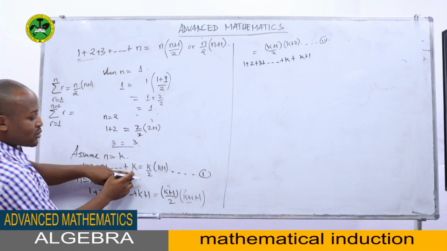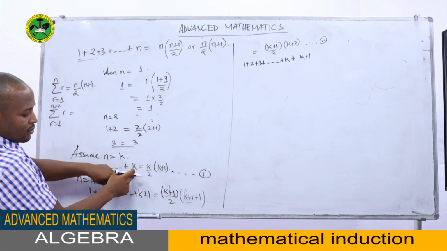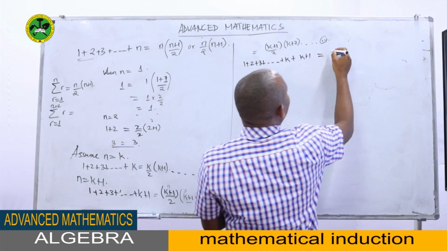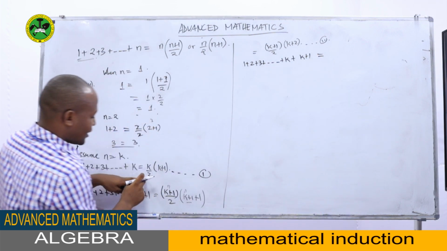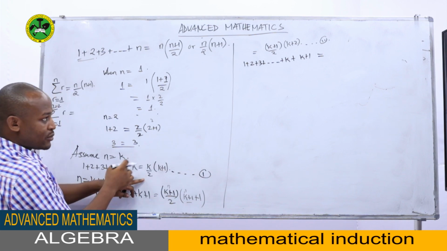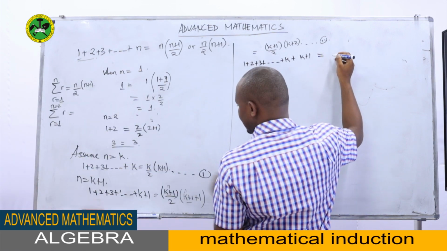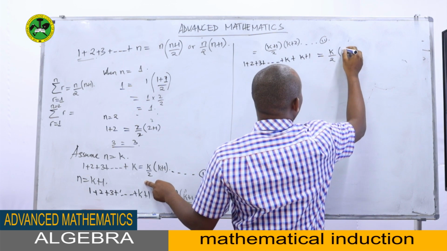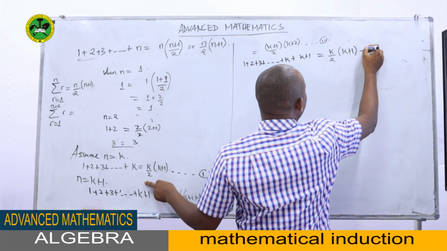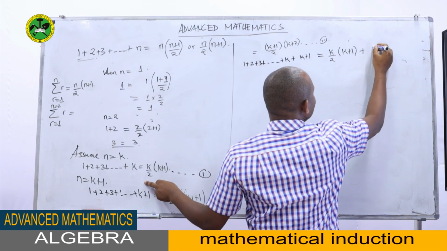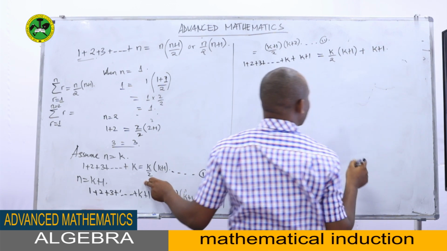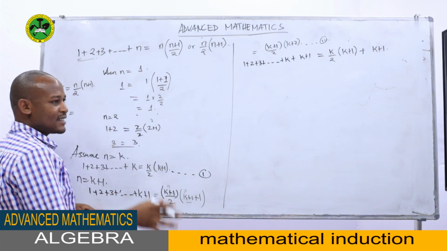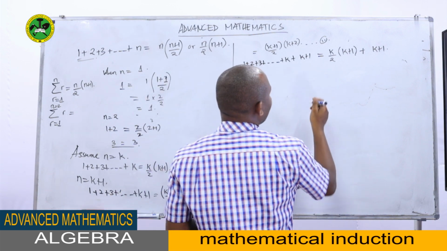We're adding a k plus 1, the next term from that. That means it will also be plus the other term that we added there. So it is k over 2, k plus 1, plus this term k plus 1. So we are supposed to show this one resembles that one. And if that is true, then it will hold true for all the positive integers.